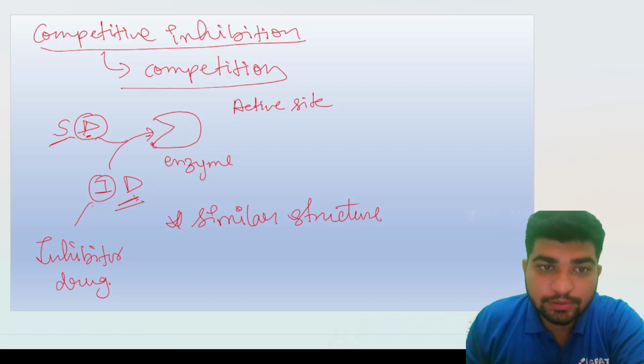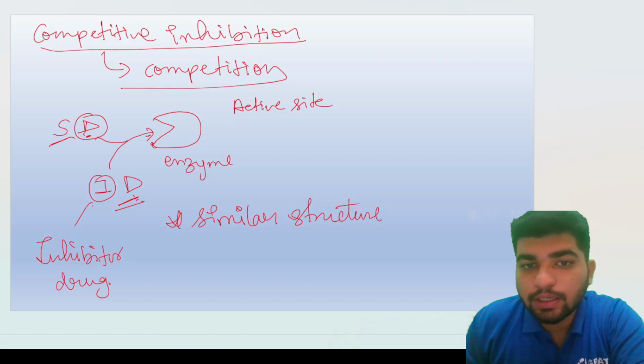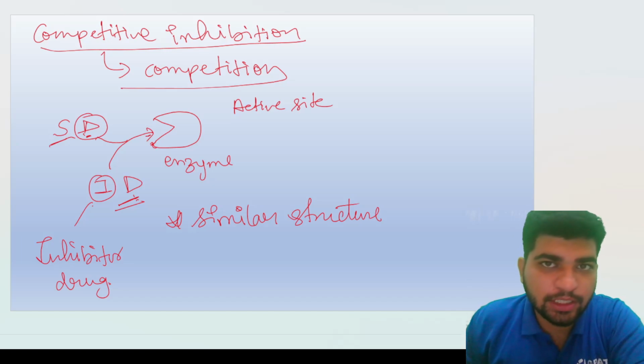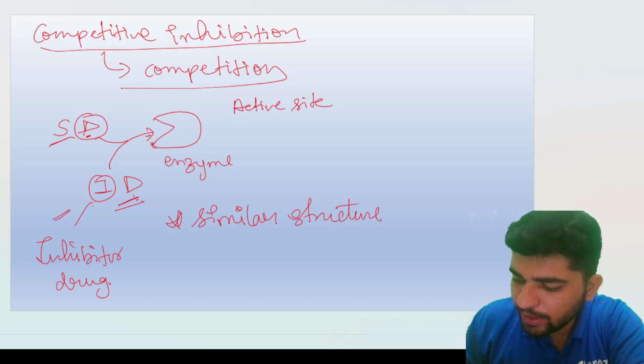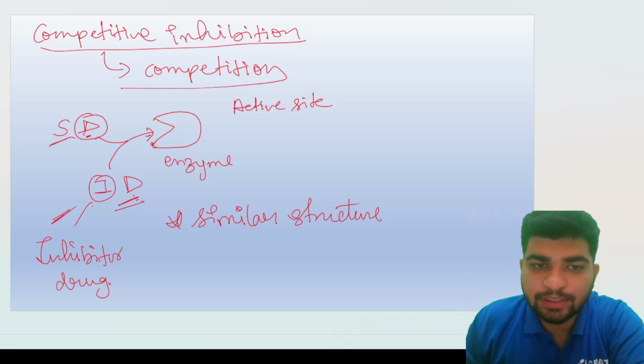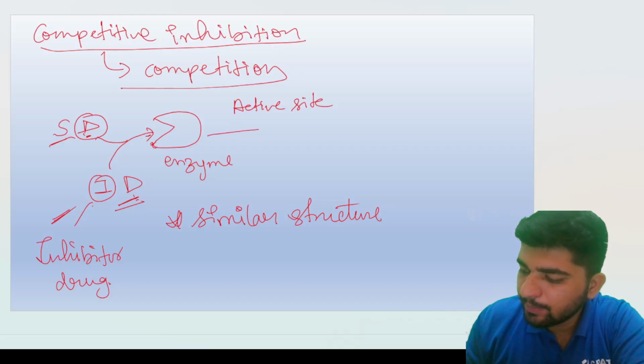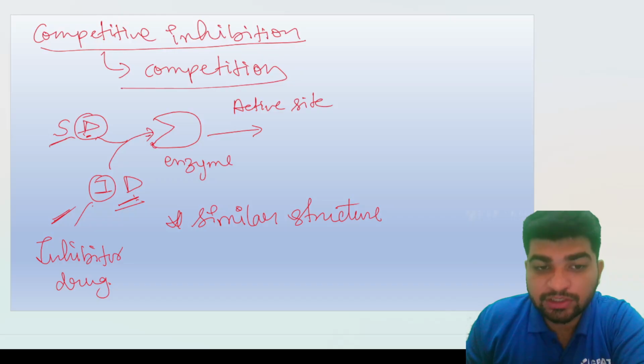One of the compounds will bind to the enzyme, but at a low concentration of substrate, the inhibitor will win this competition. If there is no inhibitor, what will happen?